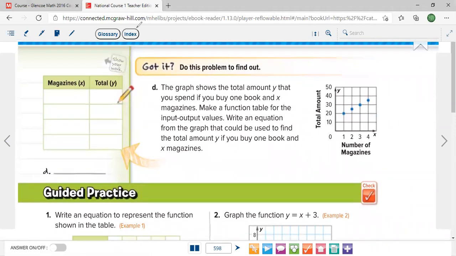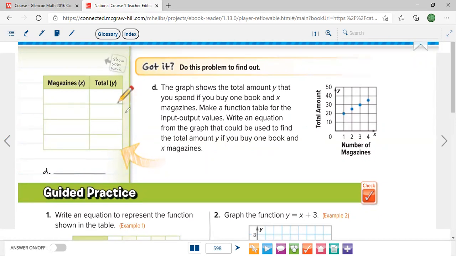In problem D, the graph shows the total amount y that you spend if you buy 1 book and x magazines. Make a function table for the input-output values. Write an equation from the graph that could be used to find the total amount y if you buy 1 book and x magazines.